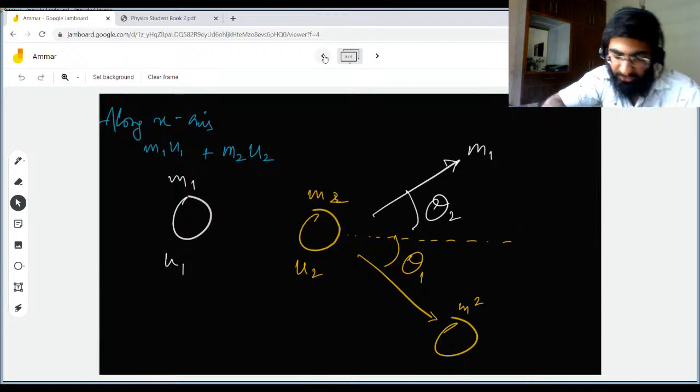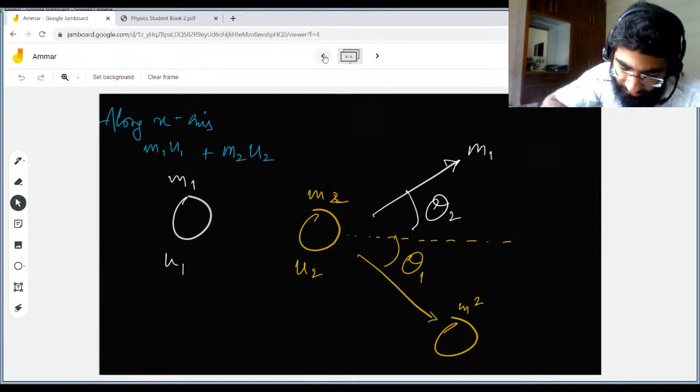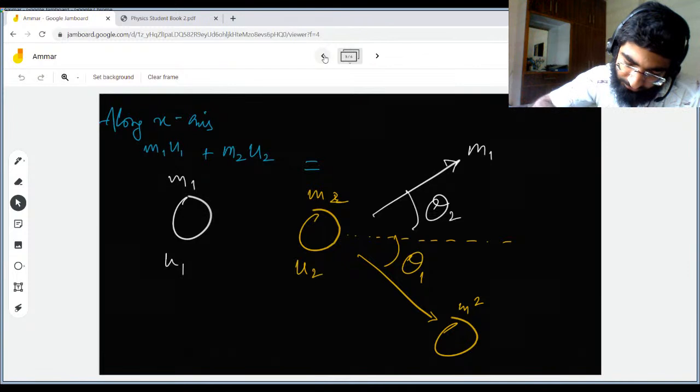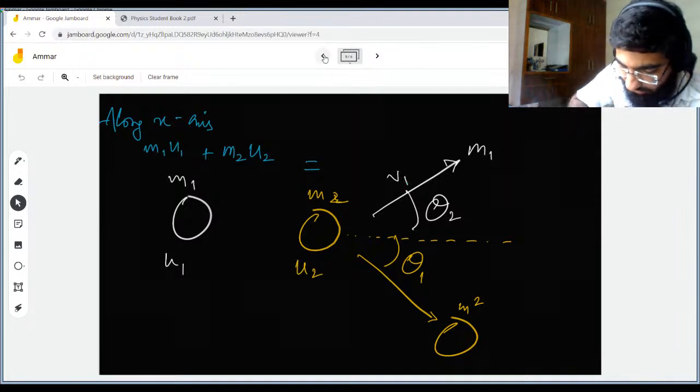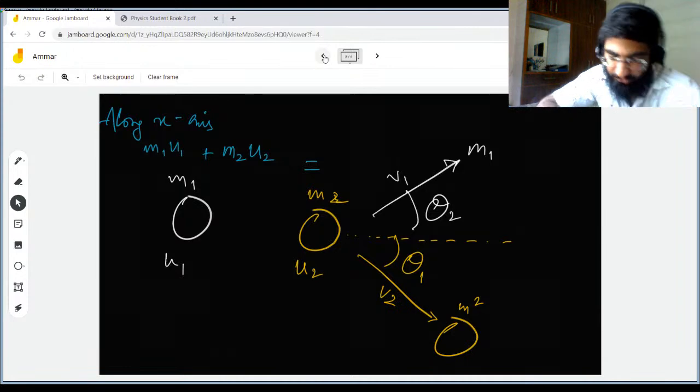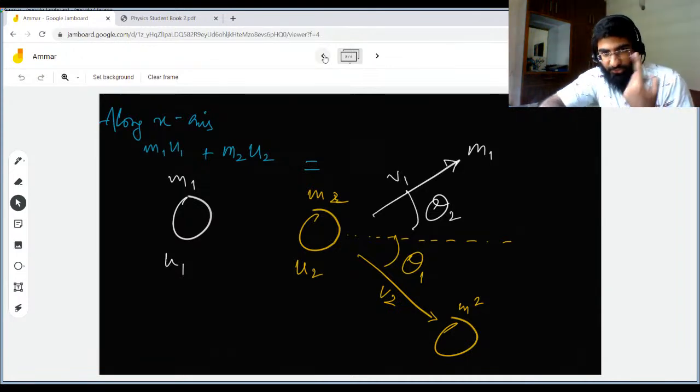But now the velocity with which the first body shoots off after collision is v1, and for the second body it is v2. So along the x-axis, what would be the component of body 1 after collision?